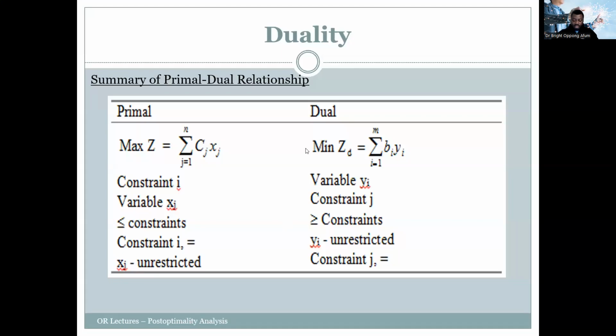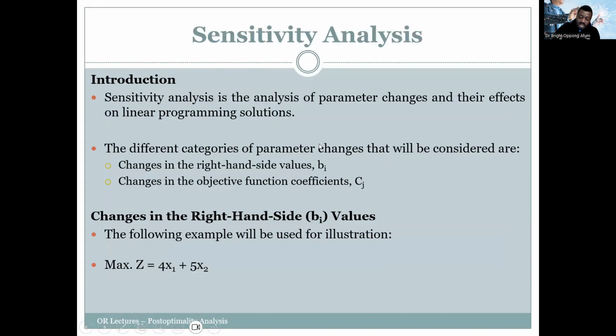Okay, so in this lecture, we'll look at sensitivity analysis, which is a continuation of the interpretation or the post-optimality analysis, right? So we say that the sensitivity analysis is the analysis of the parameter changes and their effects on linear programming solutions.